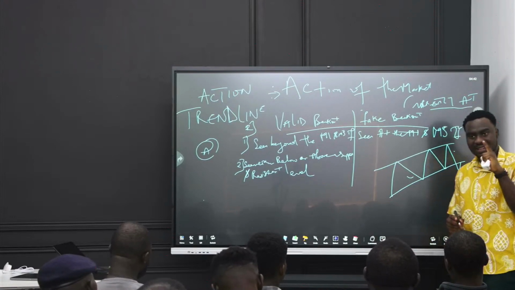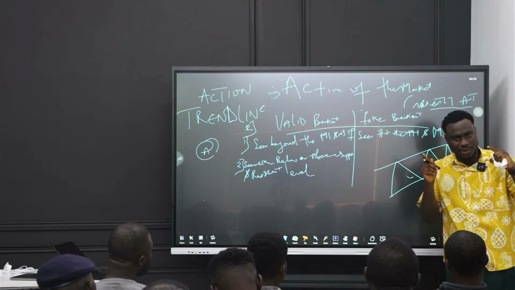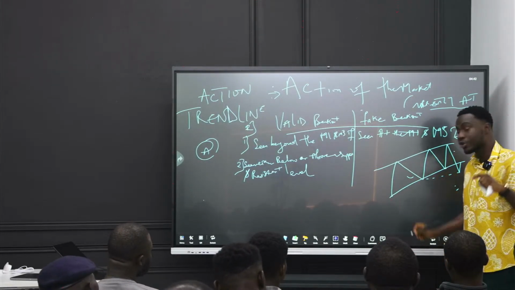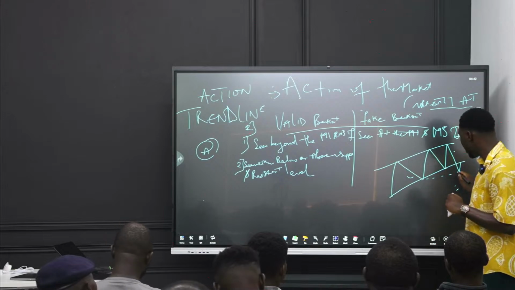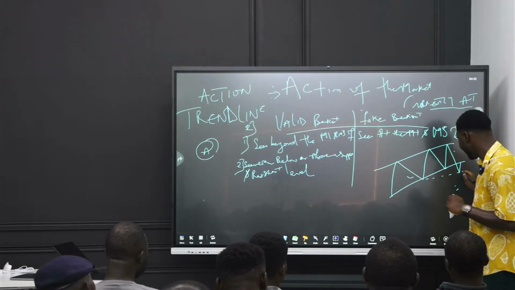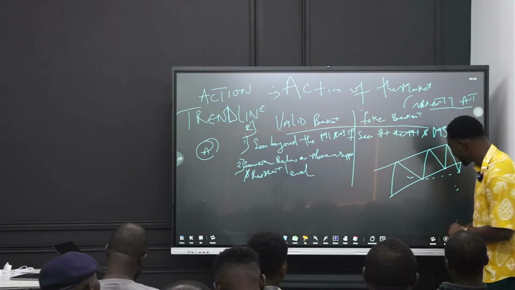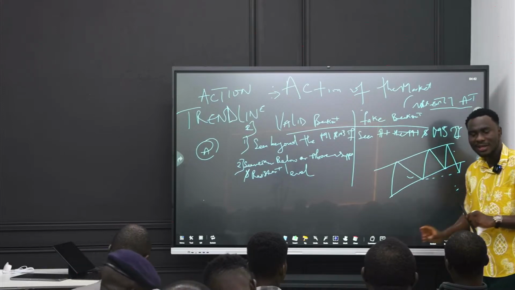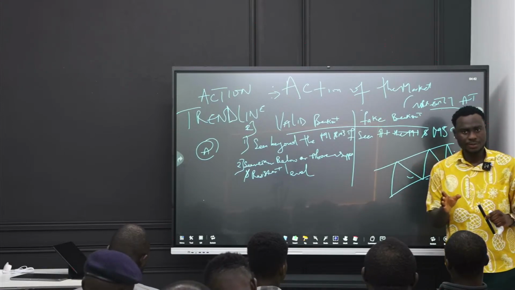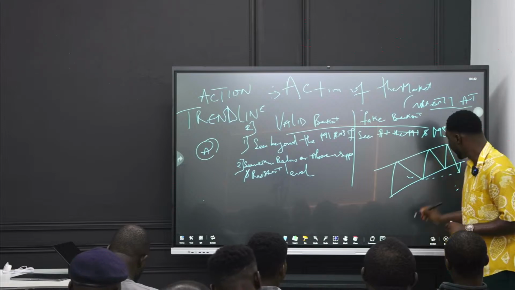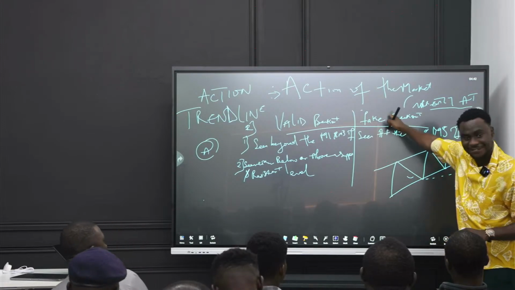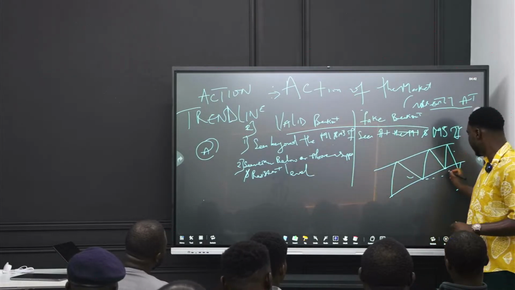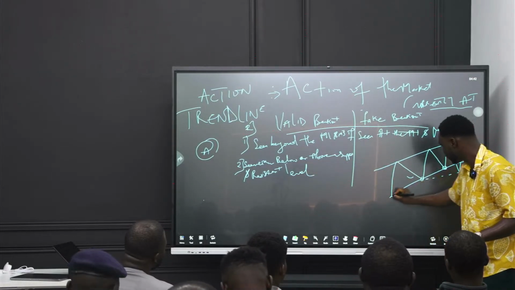Now, that point that the market broke out and started to reverse to retest, if I draw a horizontal line, we're going to see all of this in the chart, if it's at the same level with that horizontal line, it is not a valid breakout. So if it's at the same level like this, it's a fake breakout. Below or above a support, and these are the levels I'm looking at.